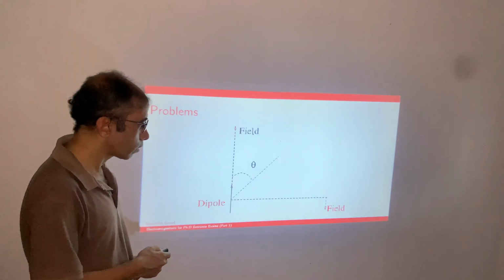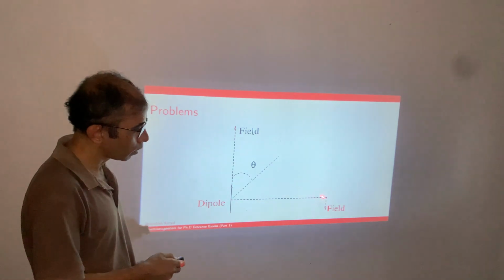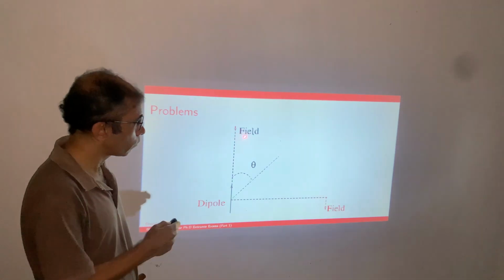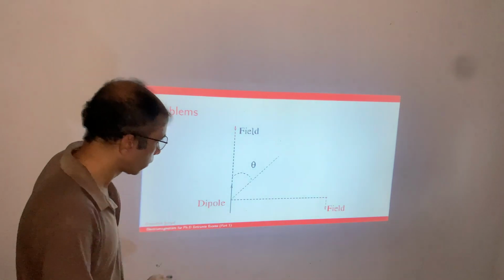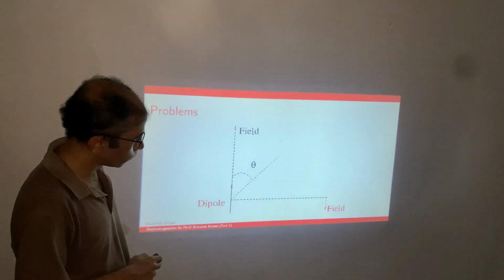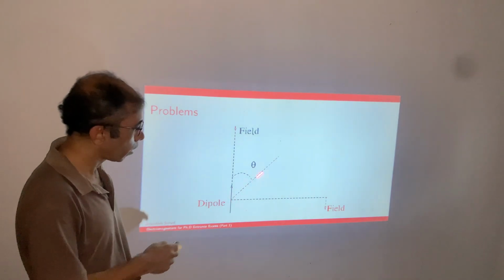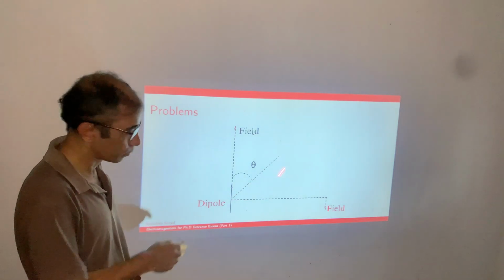So what do I have to find out? First, let us see if the dipole direction is this. What is the field here and what is the field here? And this is the arbitrary direction theta, the general direction theta.